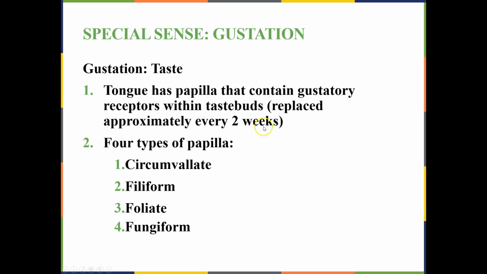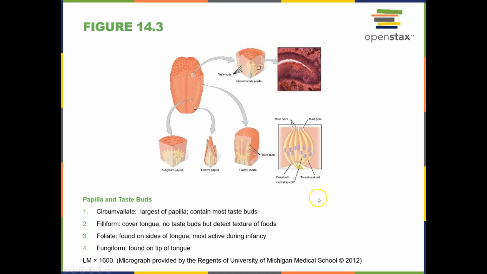There are different types of papilla, and some have taste buds, some don't. Because these are open to the external environment, these are an example of neurons that are replaced very often, which is why people say your taste buds change every few years, so you should always try new foods.